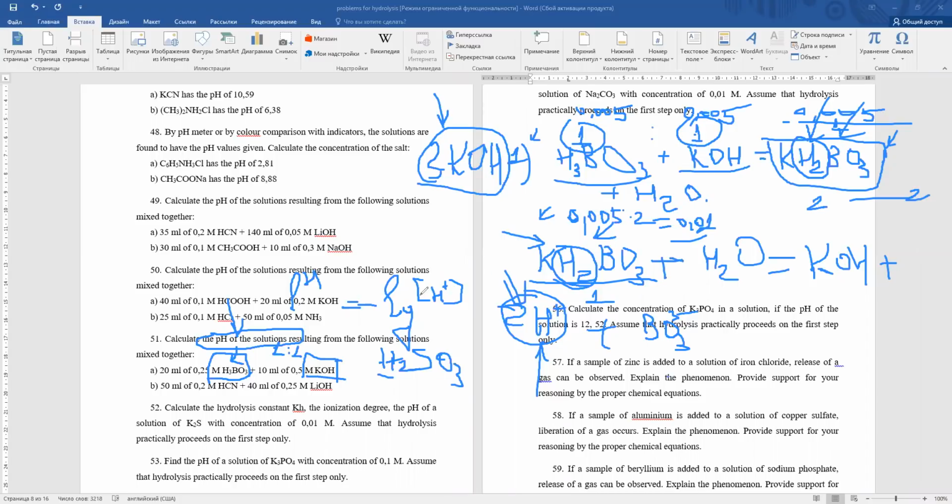By the way, what about the volume? We checked already, because we used the volume to find 0.005. We also have to divide by the volume because here the volume is not 1 liter.